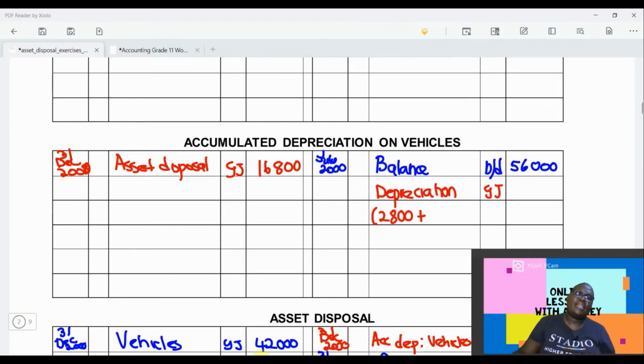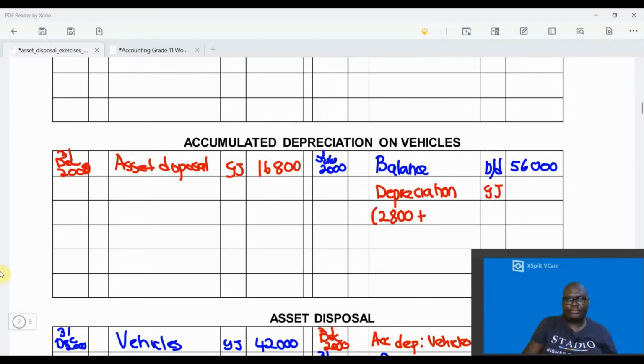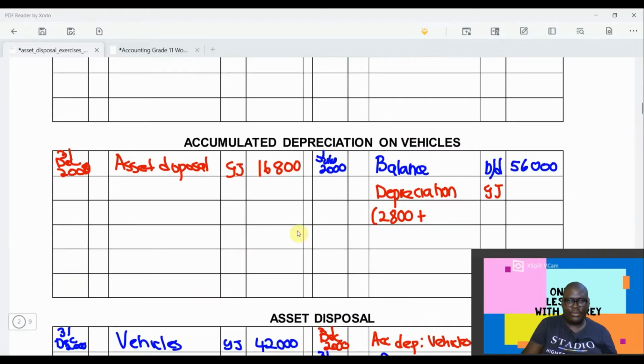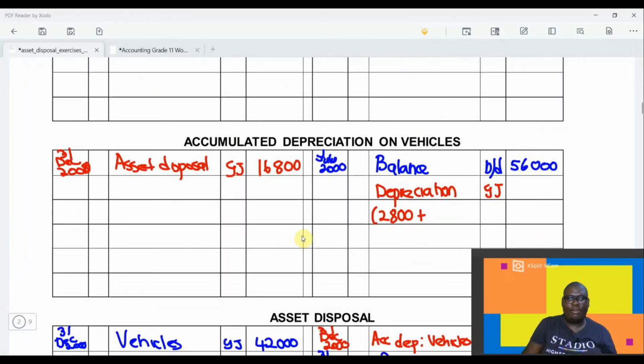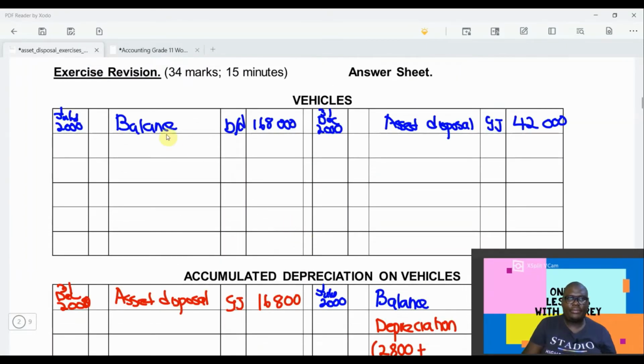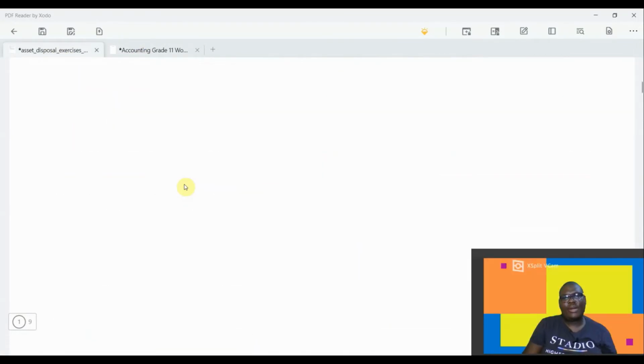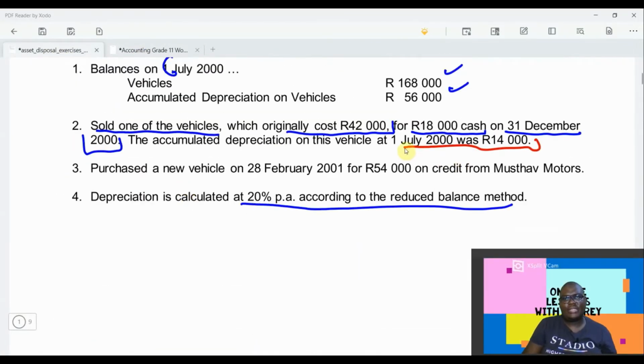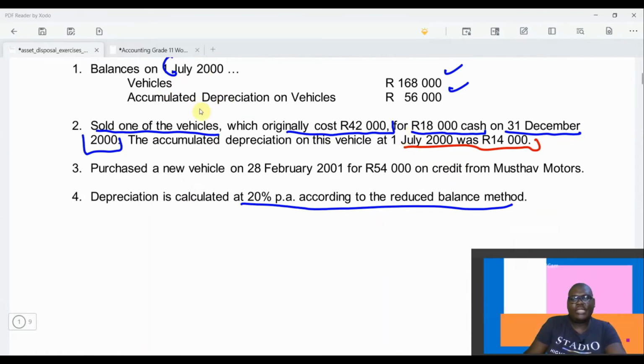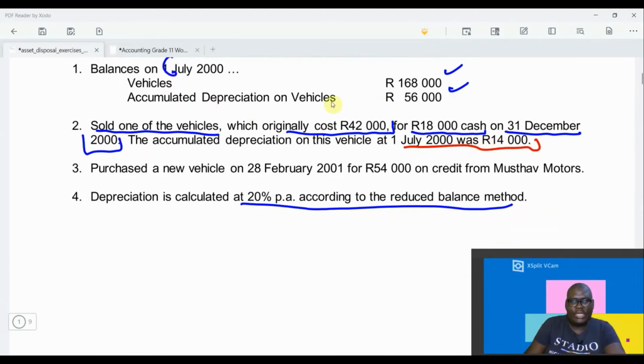Now we want to check the vehicles that were remaining at the beginning of the year. Remember this: because the sold vehicle was sold on 31 December, the 14,000 is still part of this accumulated depreciation.